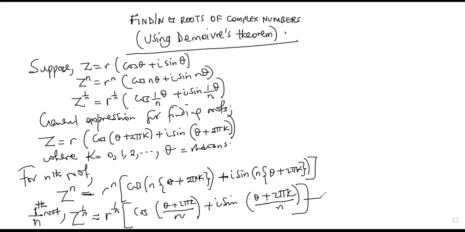We need to quote this formula for all the processes we are going for. That is how we get the 1 over nth root of a complex number.